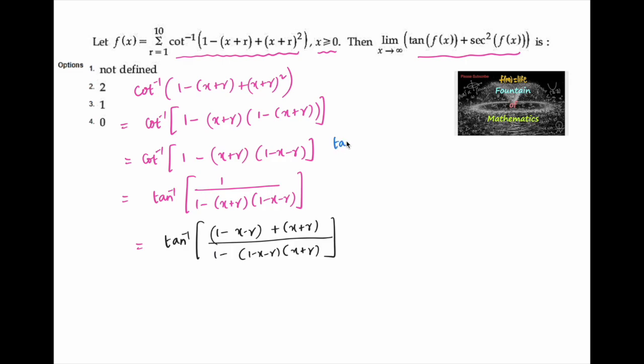So we know that tan inverse of (a plus b) divided by (1 minus ab) is equal to tan inverse a plus tan inverse b. So here we can write tan inverse of a, that is 1 minus x minus r, plus tan inverse of x plus r.